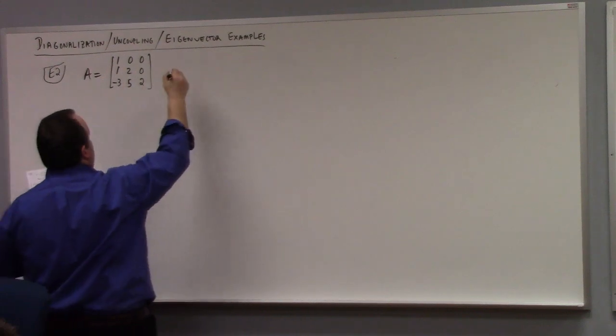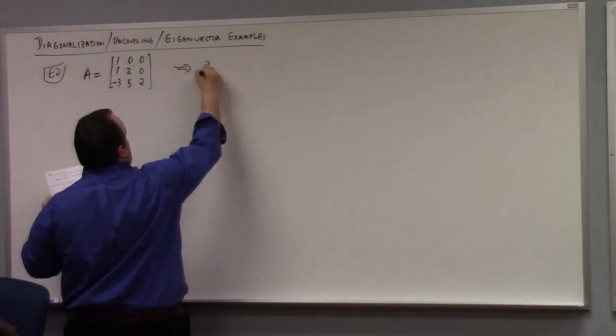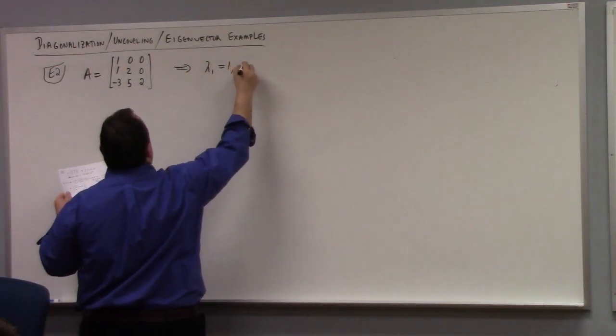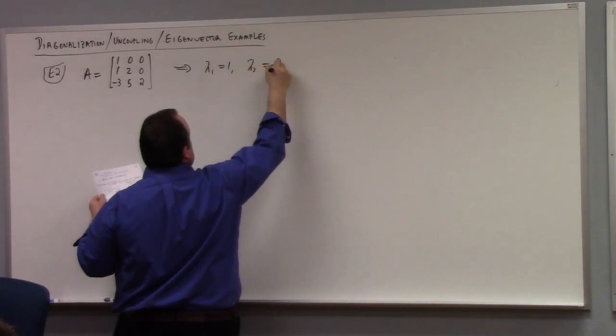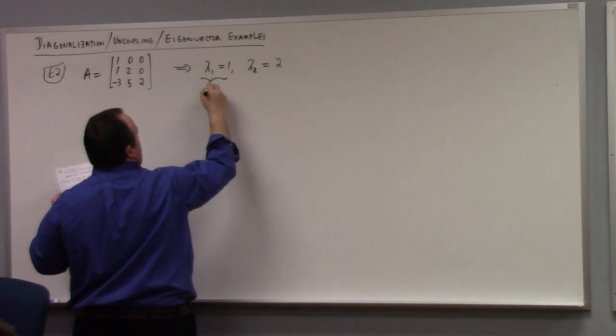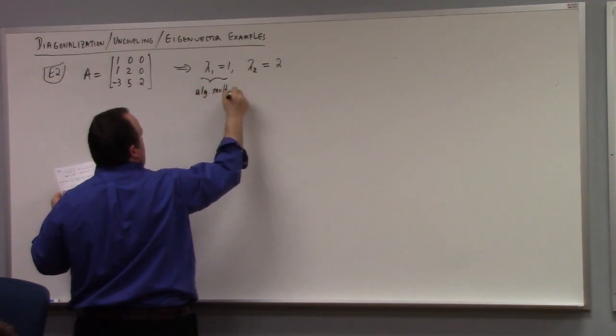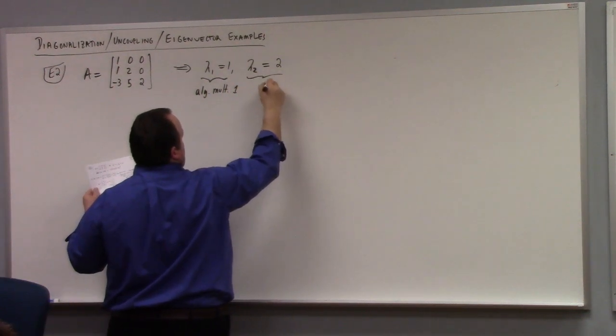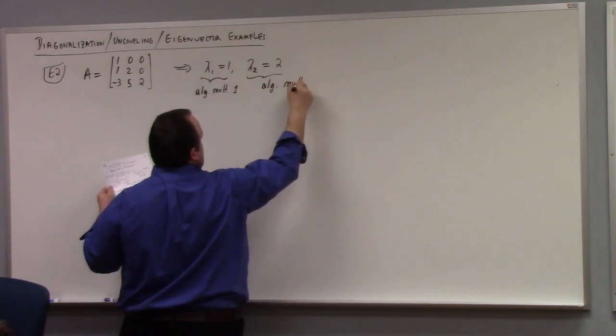Let me point out that means our eigenvalue lambda 1 is 1 and lambda 2 is equal to 2. And this will have algebraic multiplicity 1, and this has an algebraic multiplicity of 2.